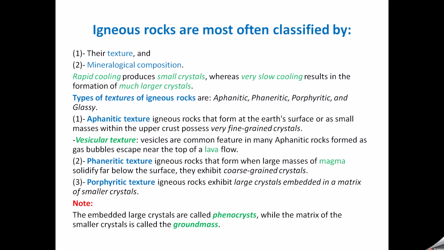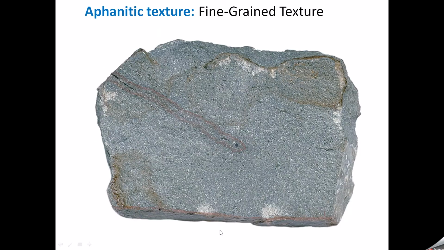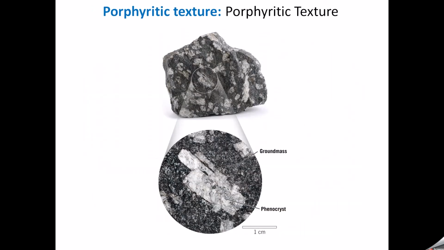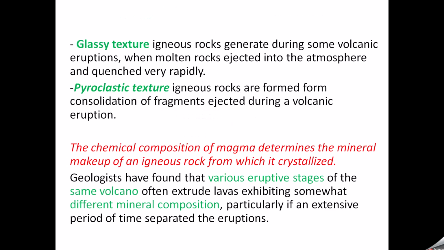So the embedded large crystals are called phenocrysts, while the matrix of the smaller crystals is called groundmass. Okay, these are pictures of examples of the aphanitic texture, fine grain; phaneritic texture, coarse grain; porphyritic texture, coarse and fine grains, phenocrysts and groundmass.